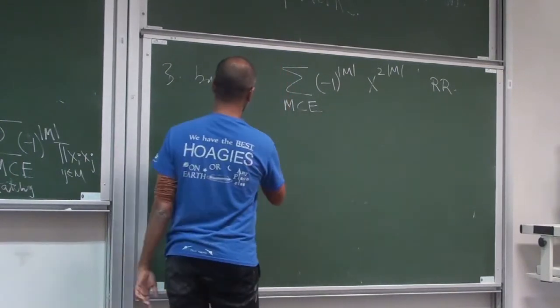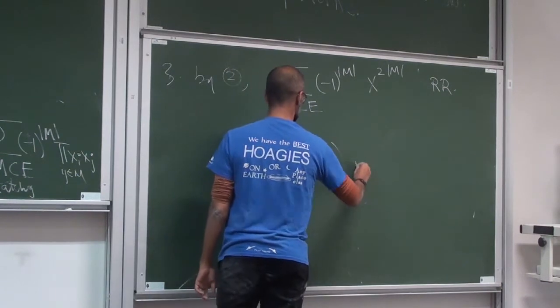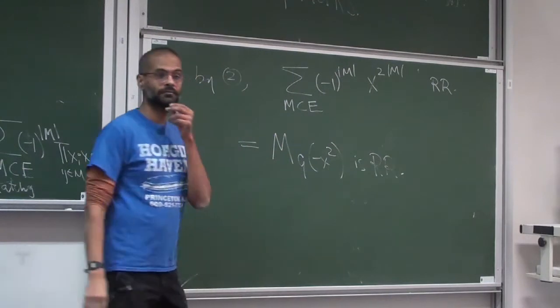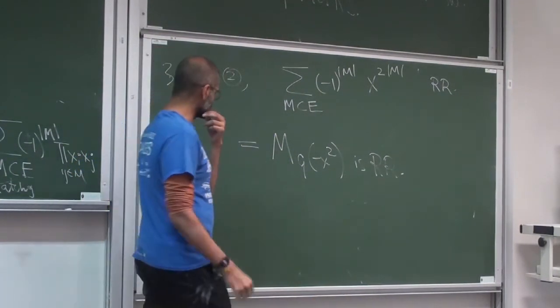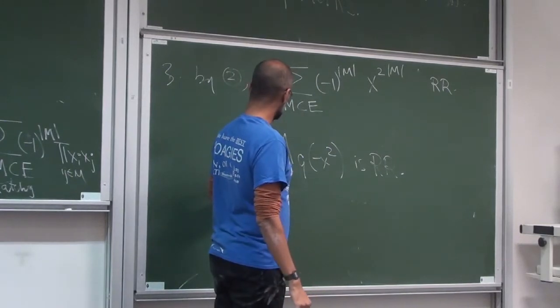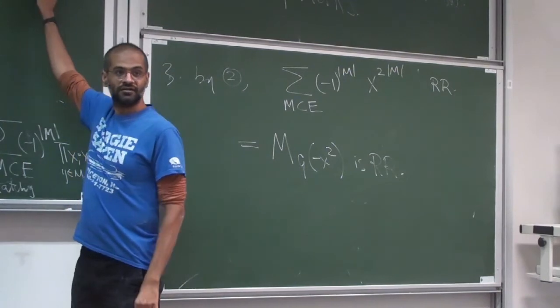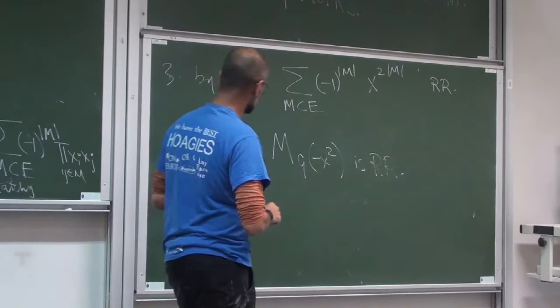What polynomial is it in minus x squared? It's the matching generating function. Okay, there's one more little thing I need to do. The matching generating function is a polynomial with all non-negative coefficients. So certainly all of its real roots are negative.